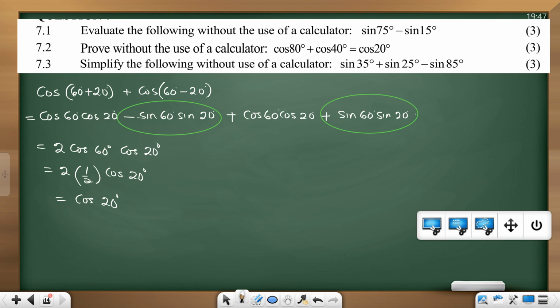35, 25, 85. Is there something common? Okay, let's try it. Between 35 and 25, I think there's something common. 30 and 5. Kian, talk to me. I did the 16 in the investment test, where we can put minus 16 times 50 and positive 60 times 50.